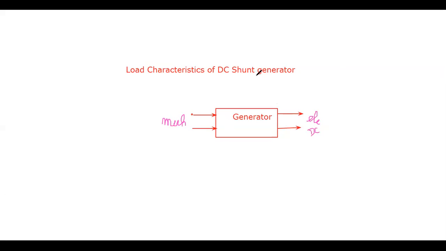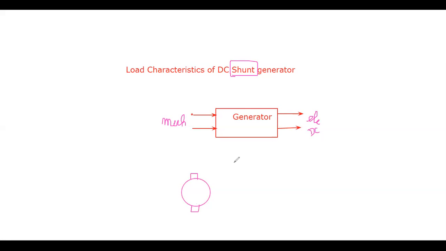Then what is a shunt generator? Shunt means parallel. The basic representation of a generator is a circle, and these are the brushes.